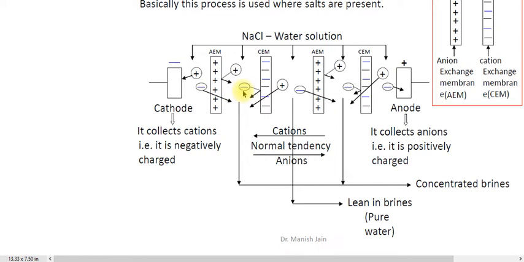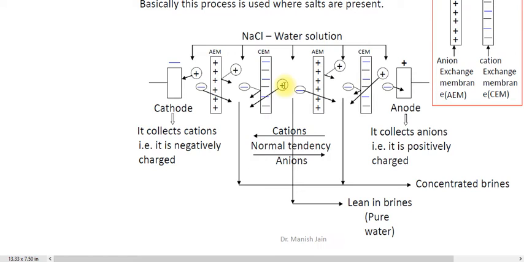Similarly, the negative ion tries to move towards the anode, but this CEM, cation exchange membrane, will not allow the negative ion to pass through it. So again, the negative ions will remain inside this chamber. Now in the middle chamber you again have the Na positive ion and Cl negative ion.